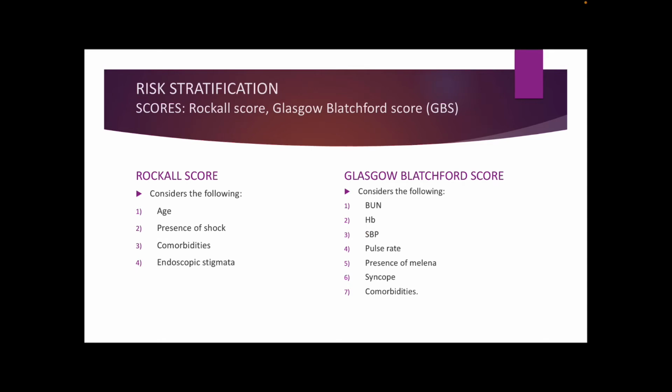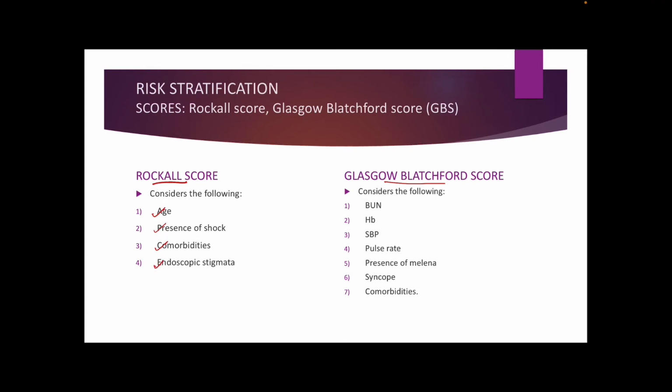Coming to risk stratification. Now, for patients with UGI bleed, we have to identify patients with high risk or low risk, for which we use two important scores. One is the Rockall score and the other is the Glasgow-Blatchford score, or GBS. Rockall score considers the following, that is age, the presence or absence of shock, presence of comorbidities, and endoscopic stigmata.